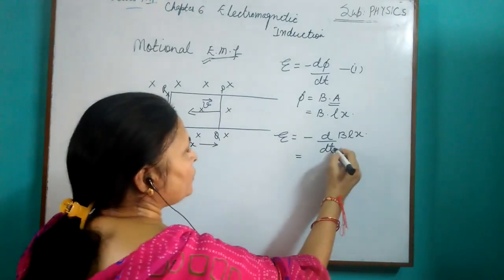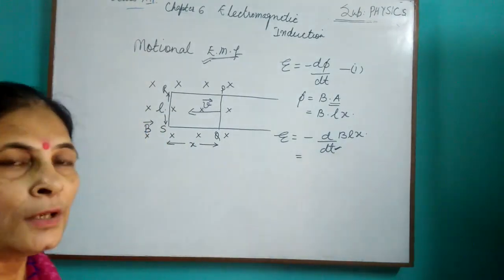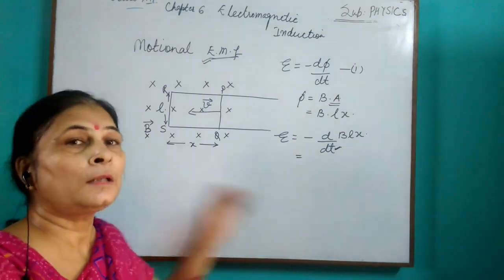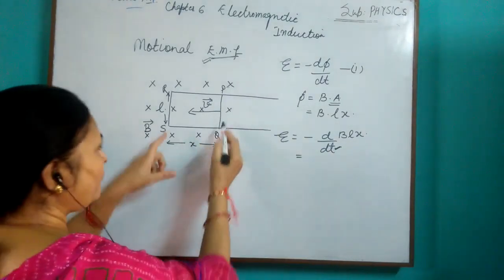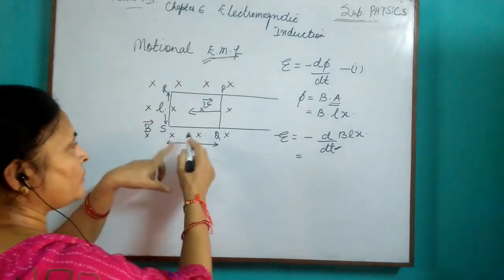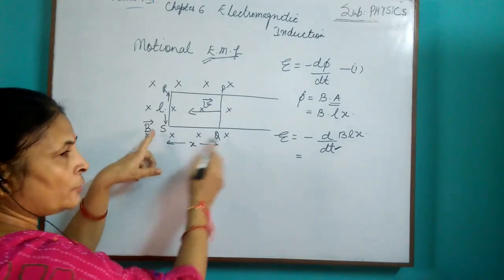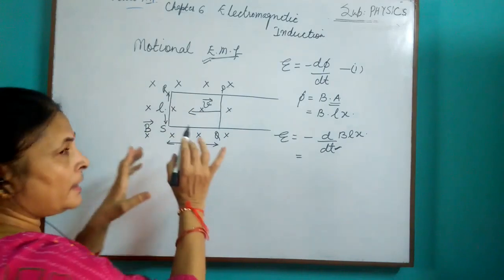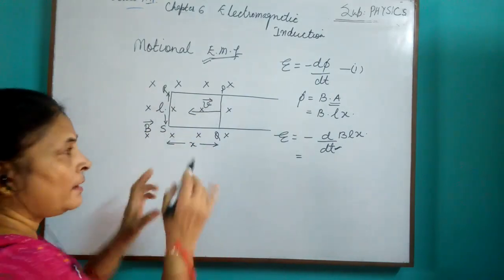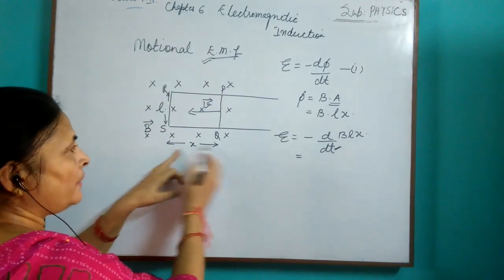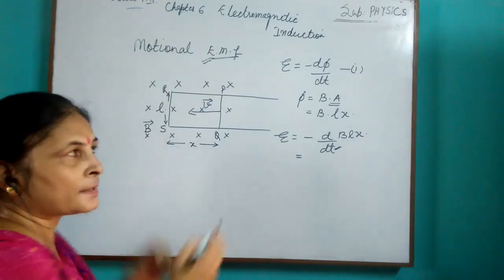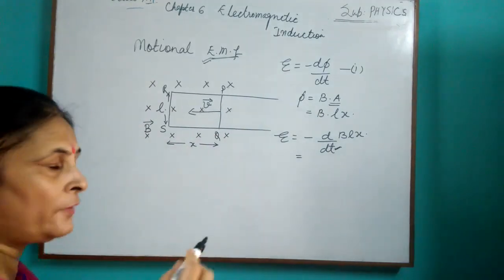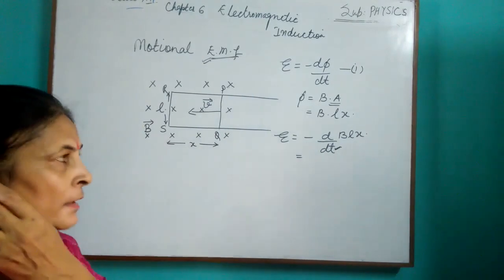Now I have to differentiate with respect to t. So I have to check which physical quantity is changing with t. See, if the coil is inside the magnetic field, the area here or here is not going to change, nor is the magnetic field. This length L will remain L, and this will also remain L. The only change will be in X. The more you press the coil inside the magnetic field, X will increase or decrease.